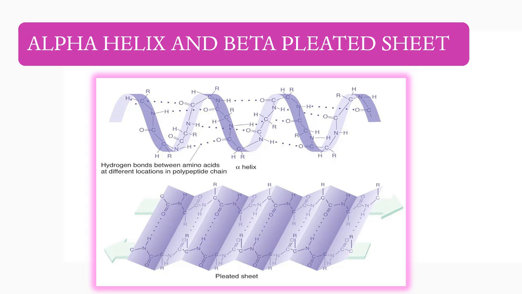The hydrogen bonds between amino acids at different locations in the polypeptide chain. You can see the hydrogen bonds between amino acids at different locations. This is alpha helix. It shows intramolecular hydrogen bonding, but the hydrogen bonds are between amino acids at different locations in the same chain.